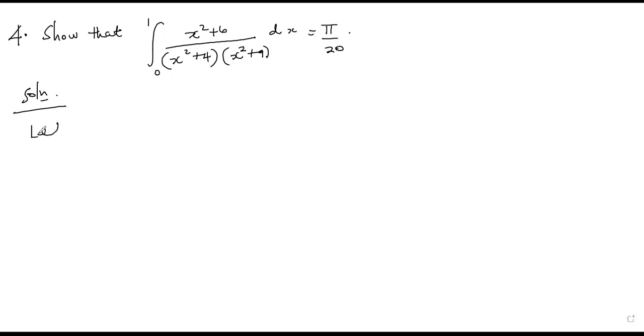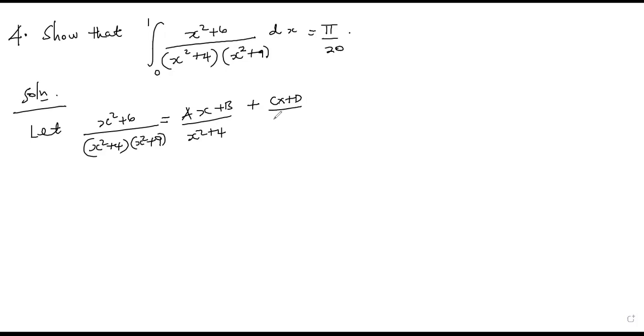We're going to let x squared plus 6 out of x squared plus 4 times x squared plus 9 be ax plus b out of x squared plus 4 plus cx plus d out of x squared plus 9. The same.